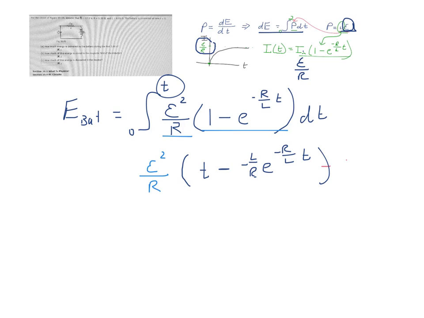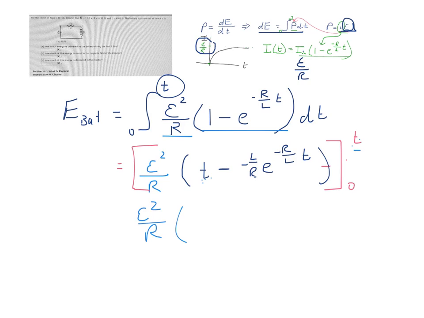Okay, now we have to evaluate that between 0 and t. The constant is still there, E squared over R. We're going to plug in t first. We should be used to this in AP Physics: if we go to any time, even though we have the same variable of time, we're putting t in for t. Really that would be 2, but I want to go through the entire proof without numbers first. So we would actually plug in 2 for t everywhere within that equation.